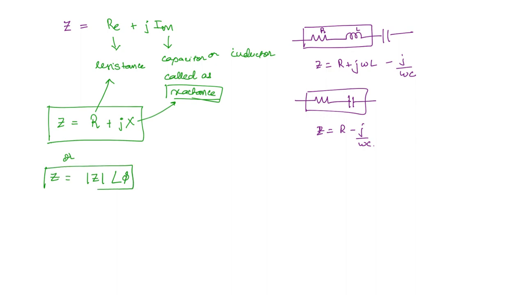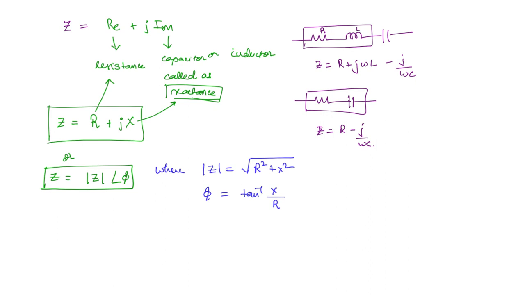Now what is the relationship between mod Z, R, X and φ? mod Z is equal to root over R squared plus X squared, and φ is equal to tan inverse of the imaginary part, the reactance, divided by the real part, which is the resistance.